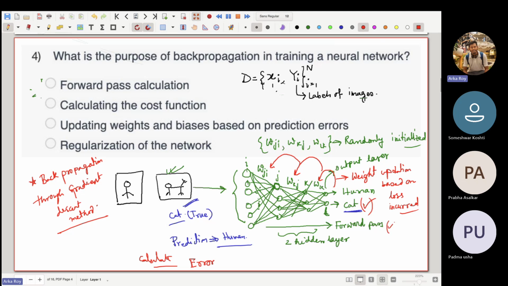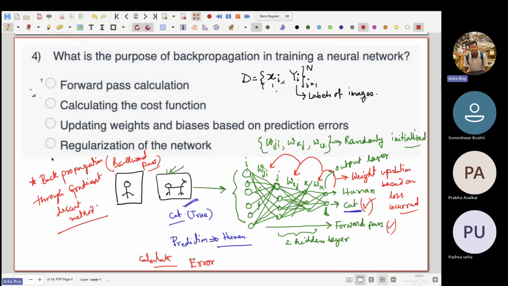At the time of feeding the data through the neural network, the pass that you do is called the forward pass. And after you incur some loss, you have to backpropagate that loss to update these weight values. That is called backpropagation, or the backward pass.